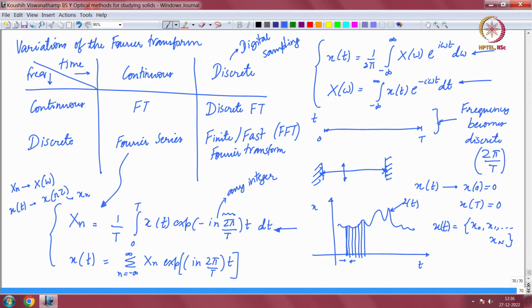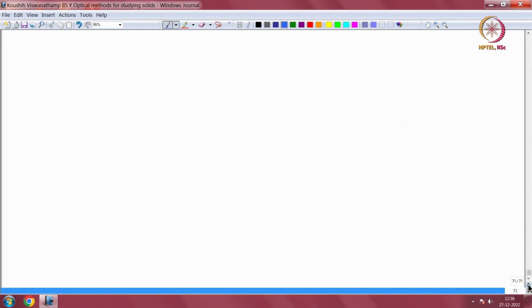Okay. So these distinctions are important to keep in mind because they come in handy when you look at practical implementations, but for now we will skip over some of the details and move on to the actual description of how this Fourier transform comes in handy. But before we do that, I just wanted to mention one last thing, which is this idea that you have to sample.